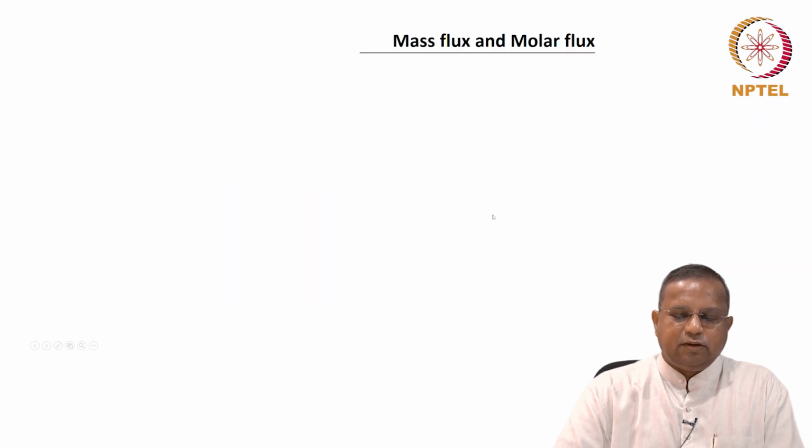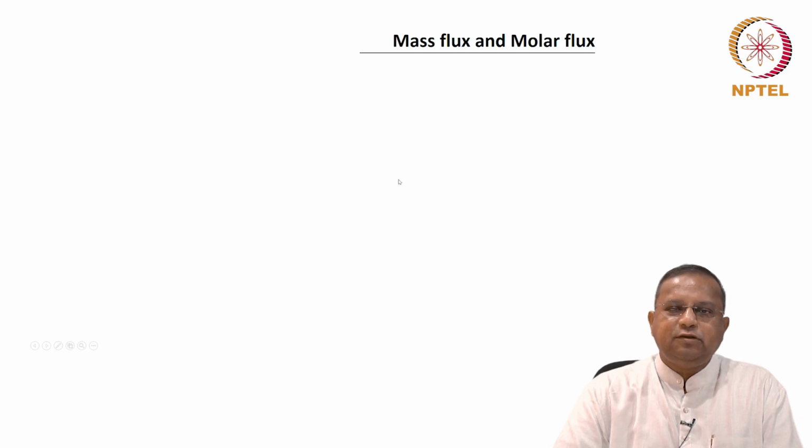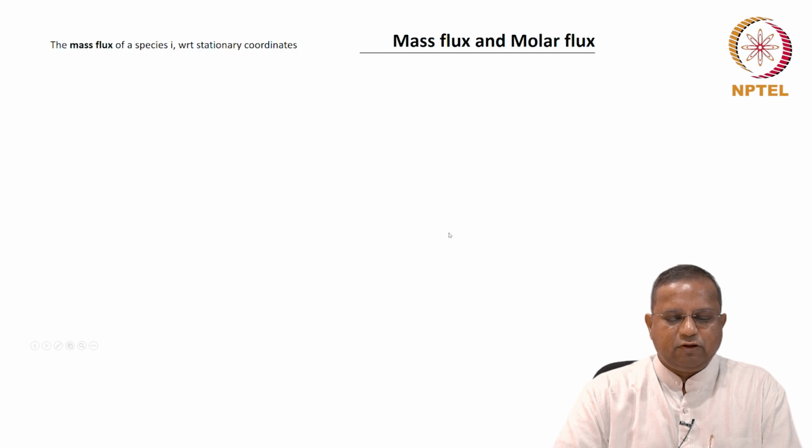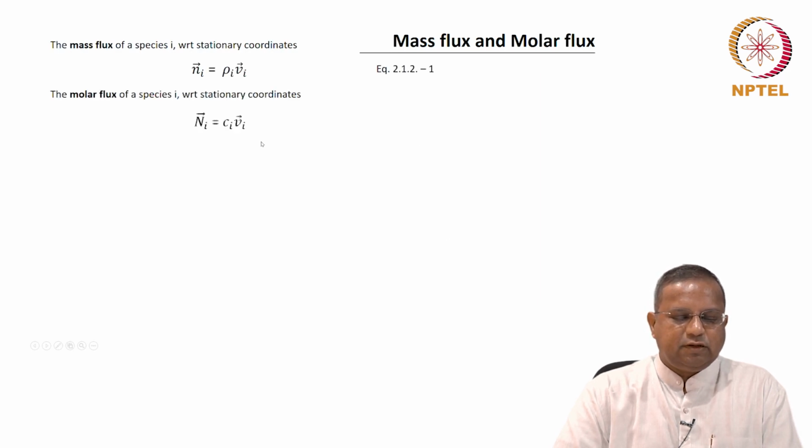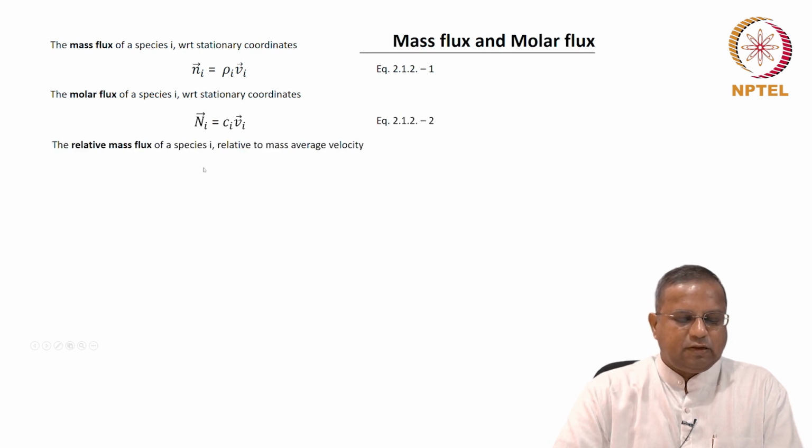And then the expressions for mass and molar flux in terms of very fundamental quantities, density, velocity, and so on and so forth. The mass flux and the molar flux, capital N sub i, are vectors. Molar flux is concentration times velocity, whereas mass flux is density times velocity.